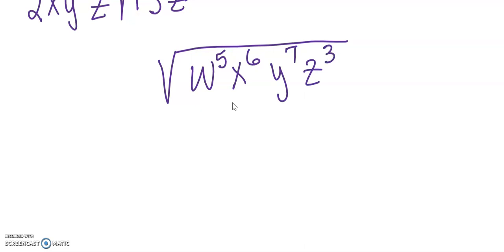Alright, so they all have different exponents. So let's see. Some of them are odd, some of them are even. So what we want to do with w to the 5th, we want to split it up into w and w to the 4. Okay, take off the odd one and make it have an even. Then w to the 4 will split to w squared, w squared.